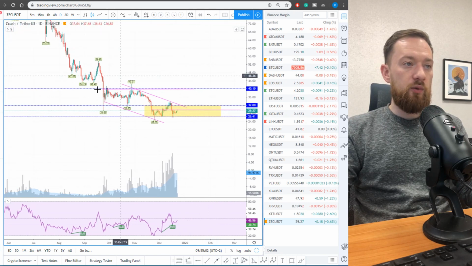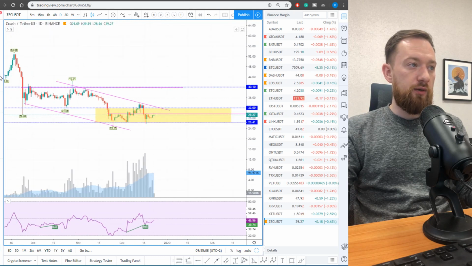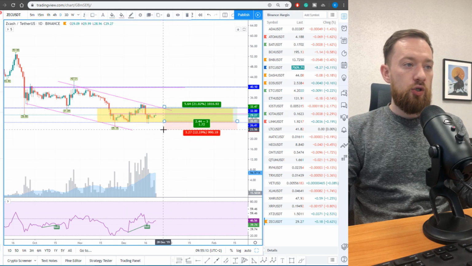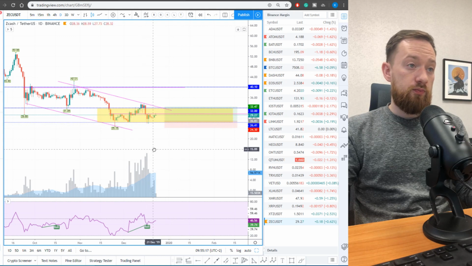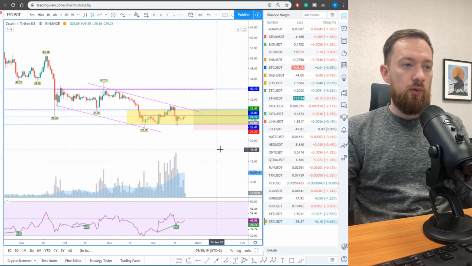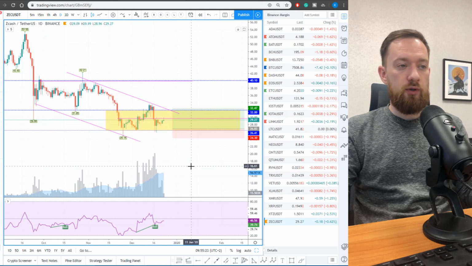This is something we are currently monitoring and looking for. If we go towards the bottom of that channel, then there is an opportunity to trade within the channel with a very short stop and a nice profit. So those are the positions that we're currently monitoring.